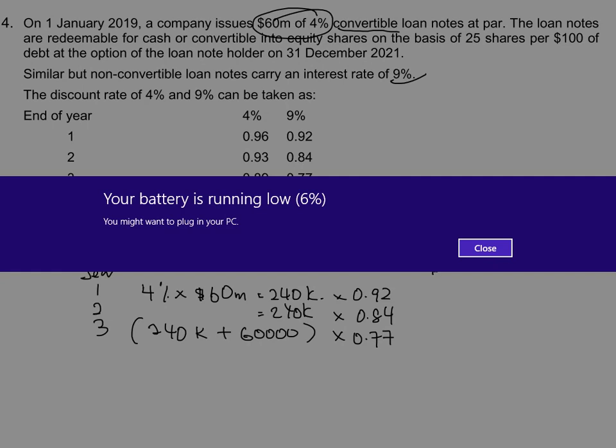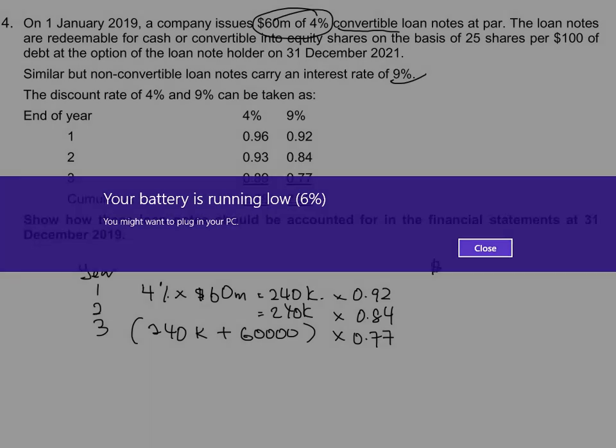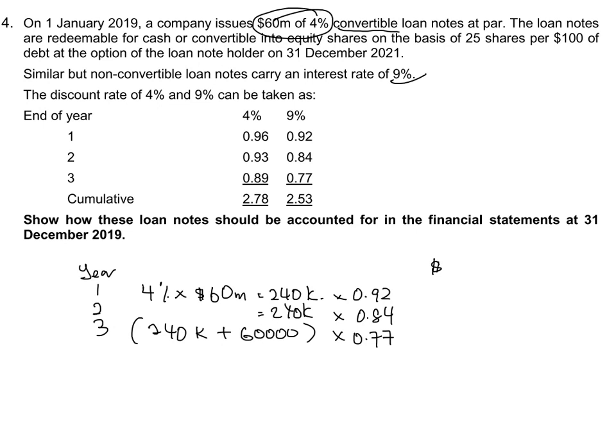Debit bank, credit 4% loan note, credit equity option. The one in red is the balancing figure. Find liability, balancing equity.